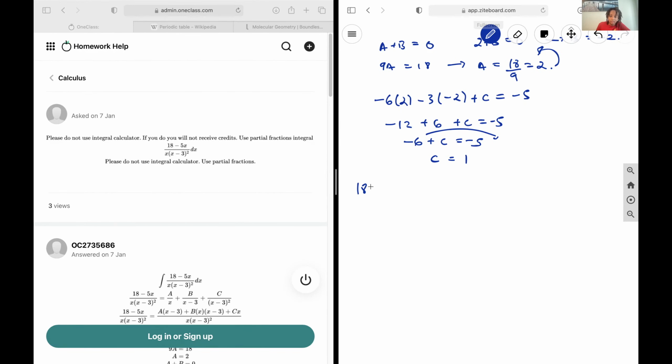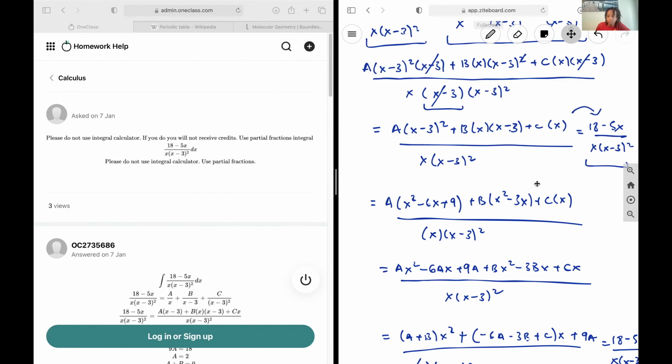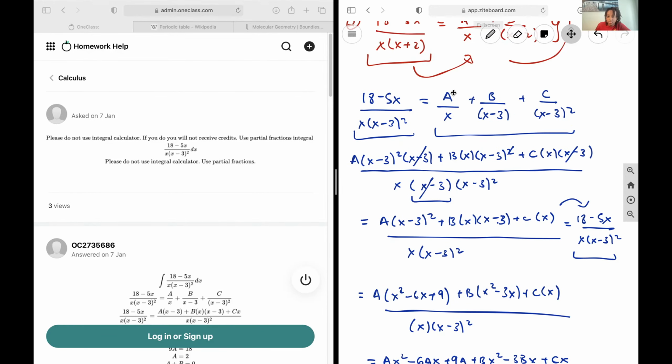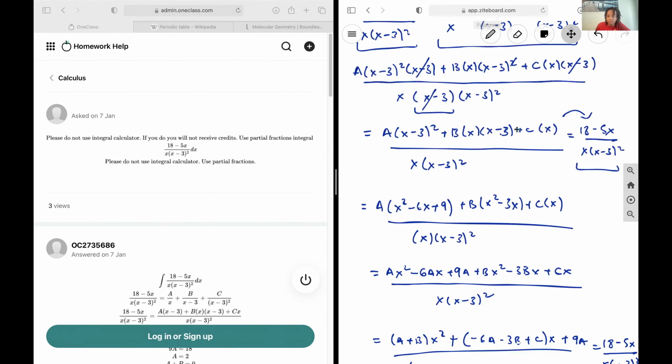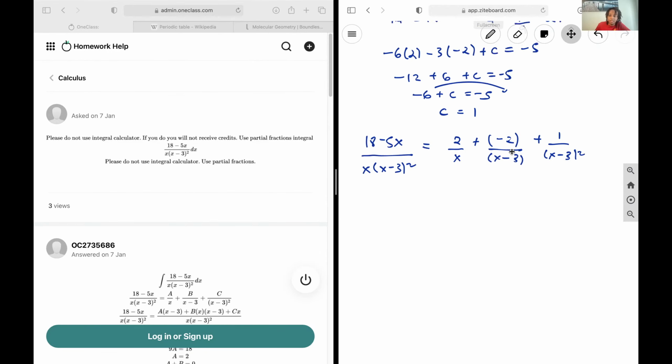And so we get 18 minus 5x over x into x minus 3 squared is going to be equal to a over x, so 2 over x, plus b over x minus 3, so that's going to become negative 2 over x minus 3, my apologies, plus c over x minus 3 squared, and so that's 1 over x minus 3 squared. Just ensure we've copied the right thing. So a over x, b over x minus 3, c over x minus 3 squared. So we'll just put those values in.